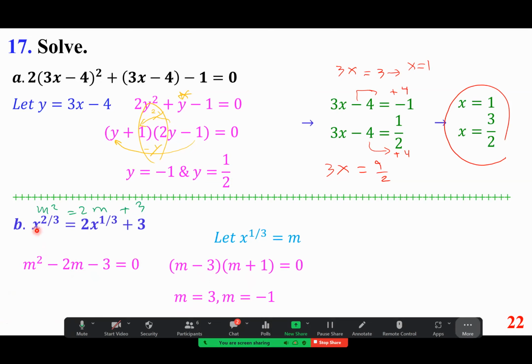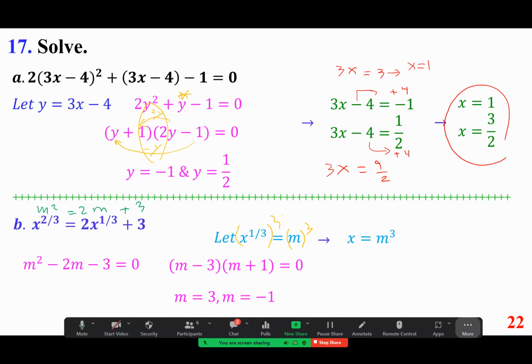Therefore, we have to continue finishing the job. If x to the power of 1/3 is m, what is x? Raise it to the third power, and therefore x becomes m cubed.